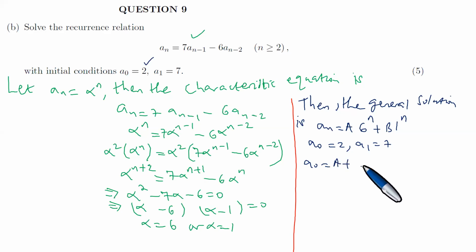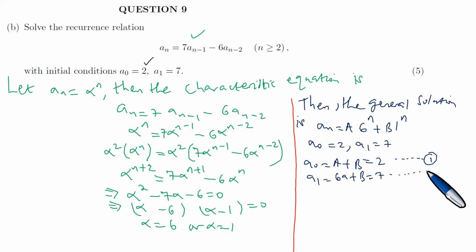It's going to be exactly A plus B, since 6 to the power 0 is 1, and this is 2. It gives us an equation; call it equation 1. The other initial condition is that a_1 is 7. If n is 1, it's going to be 6 to the power 1, which is 6A plus B equals 7. You subtract these two equations.